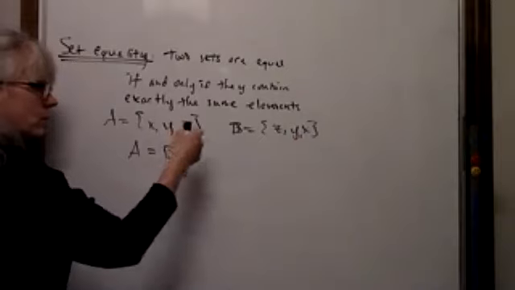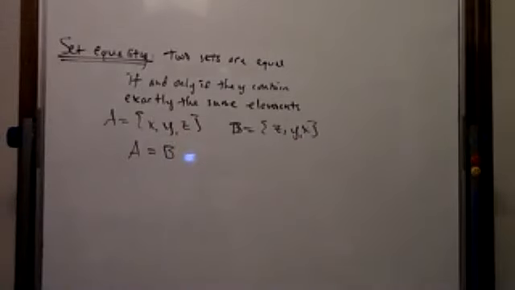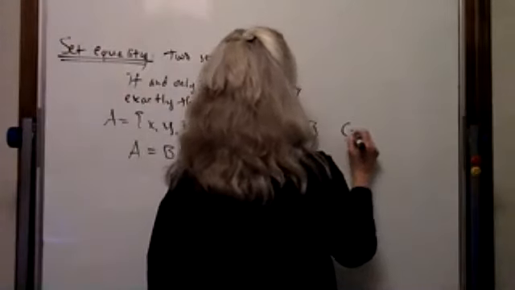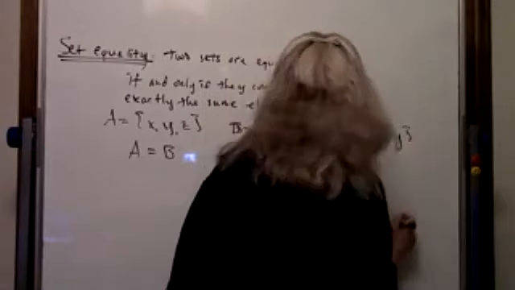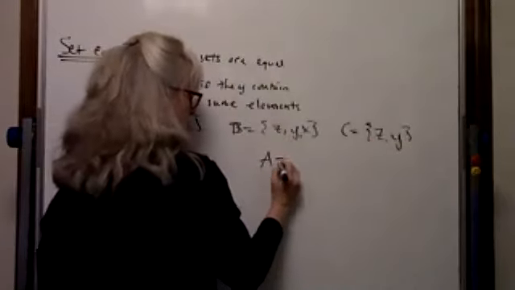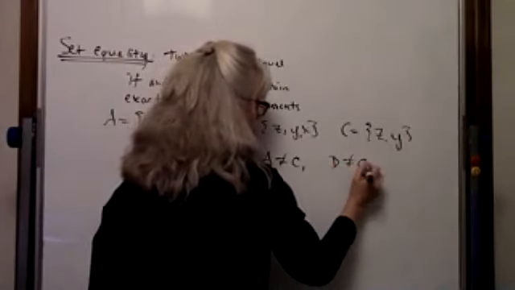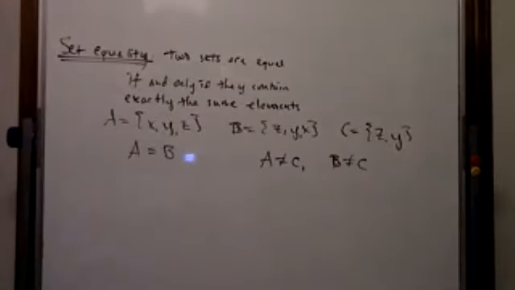If something appears more than once, don't list it more than once. So we can say that A is equal to B. If I let C be the set Z, Y, then we can also say that A does not equal C, or that B does not equal C, because they don't have the same elements. A has something that is not in C. So that is set equality.